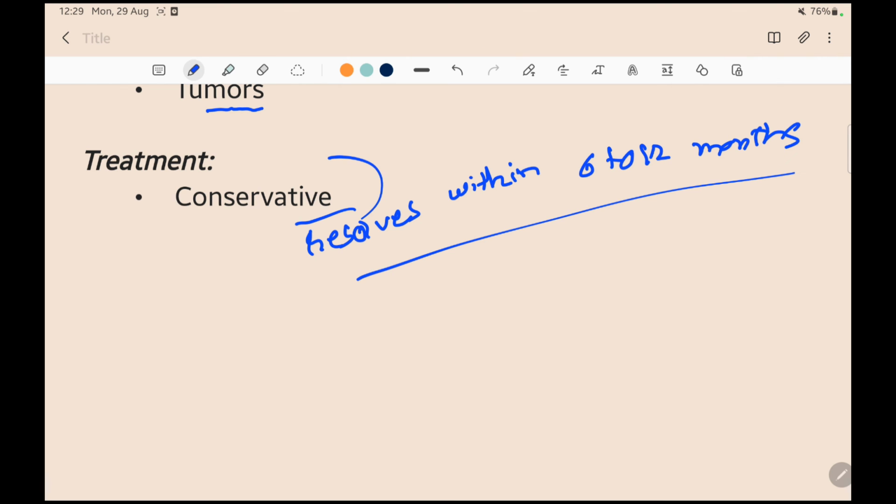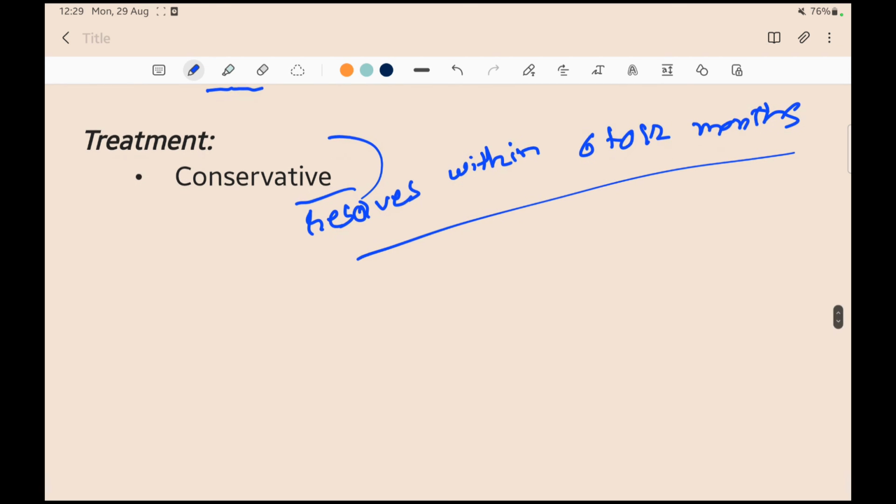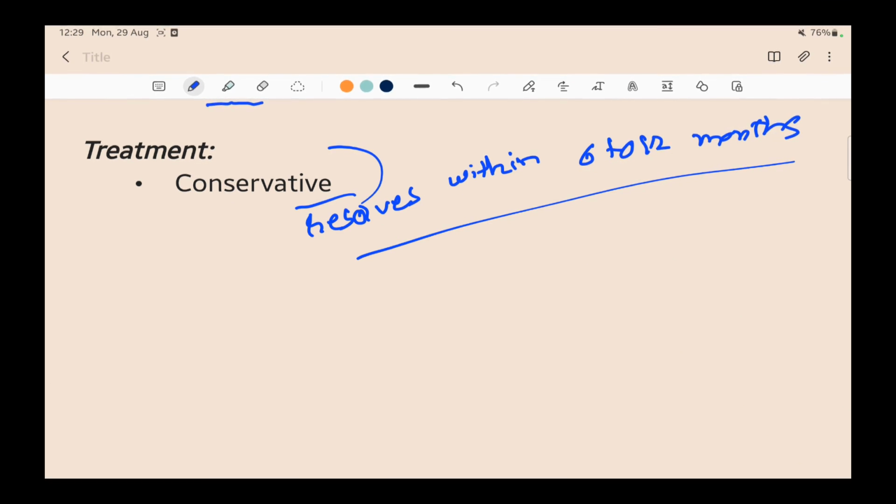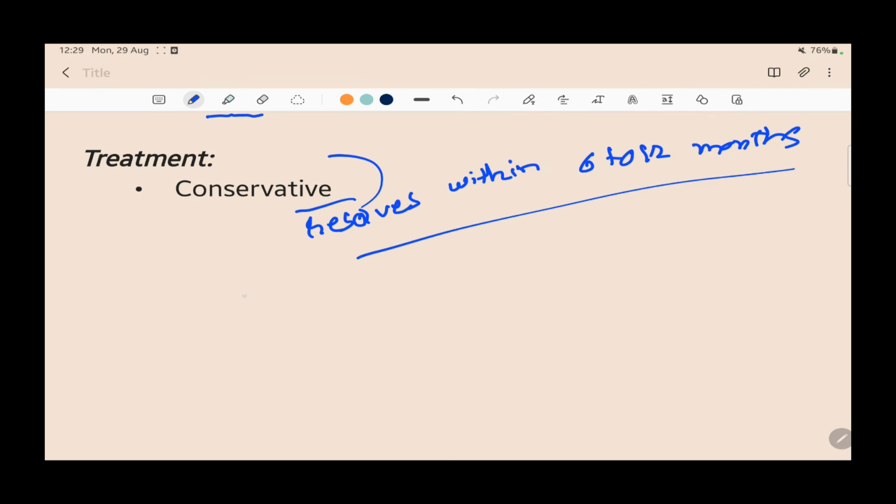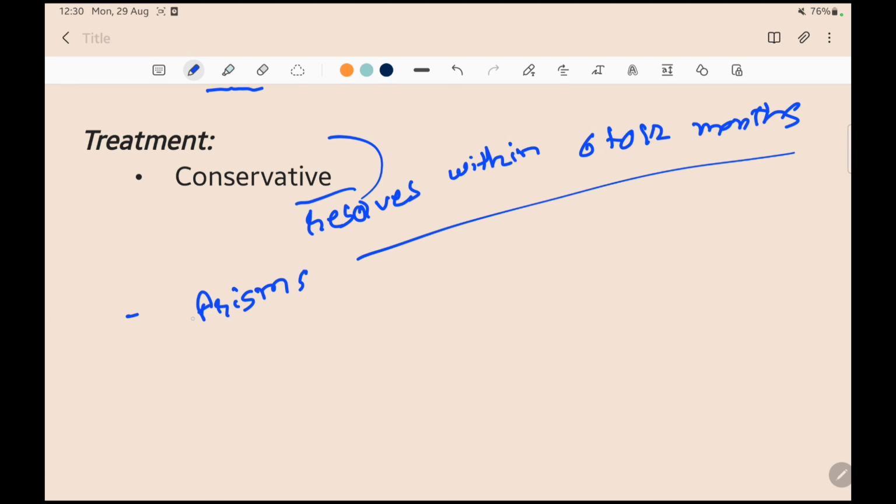But if it does not happen, you can't do anything because this is a degenerative pathology. You have to wait for regeneration or remyelination by your body. So you have another option, prism.